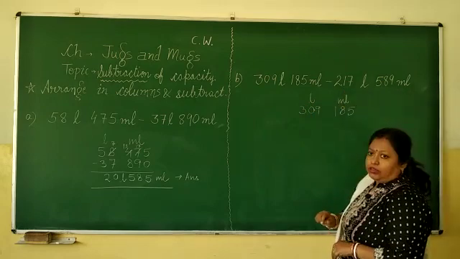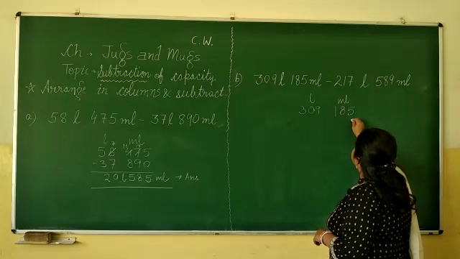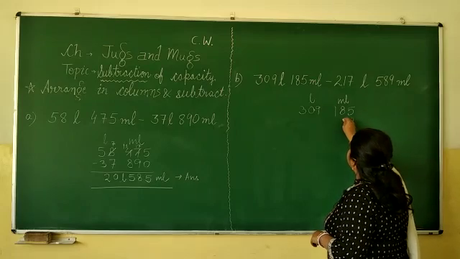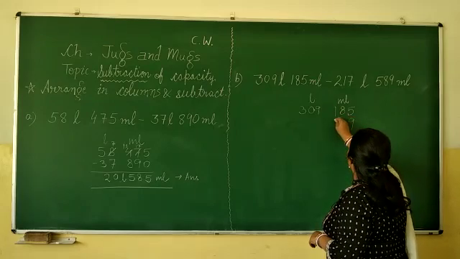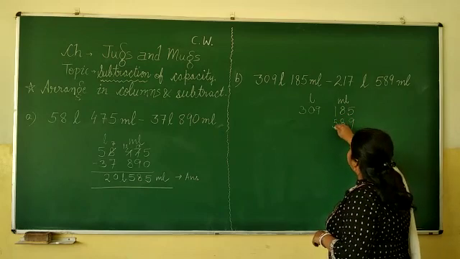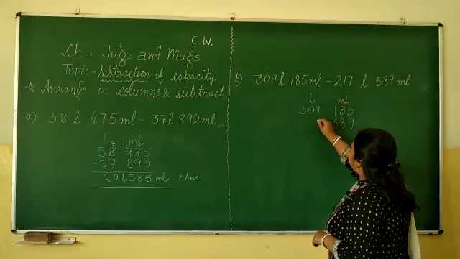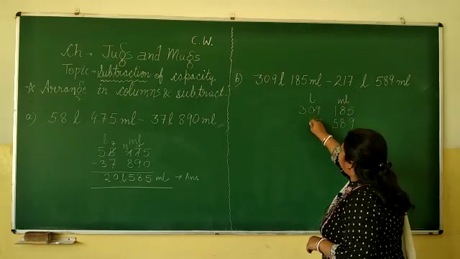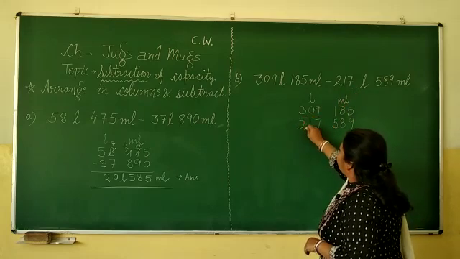This quantity now, children, starting from the right hand side, I write here 9, 8 and 5. That is the milliliter column, and 217, that is 7, 1 and 2, in our liter column.